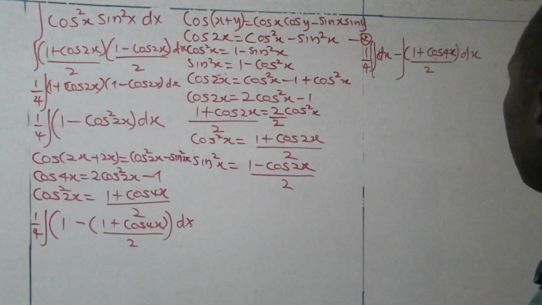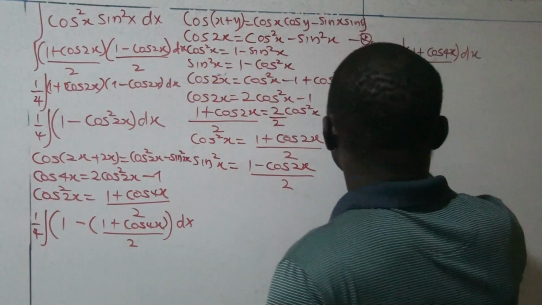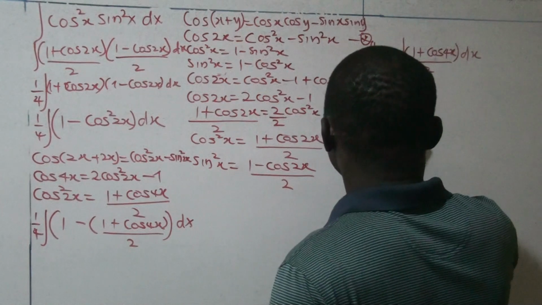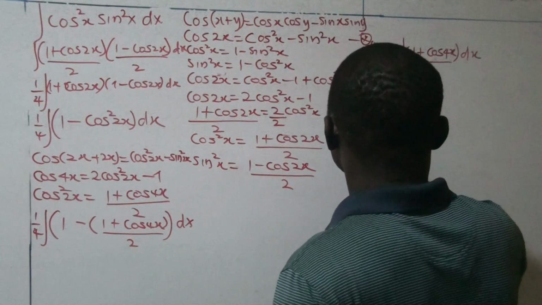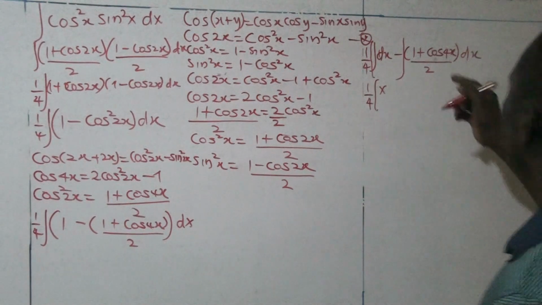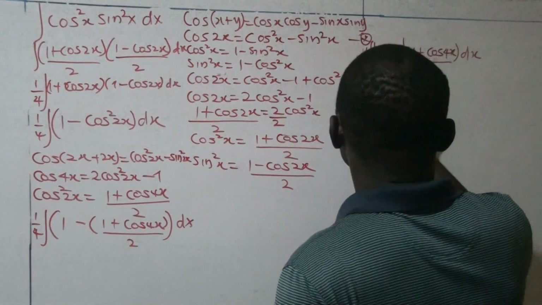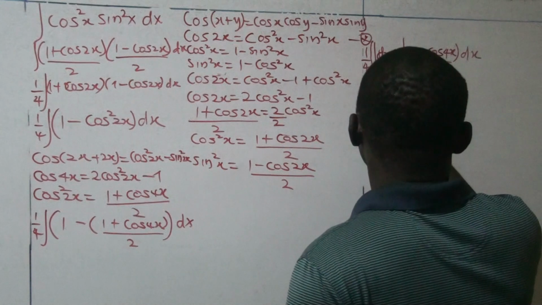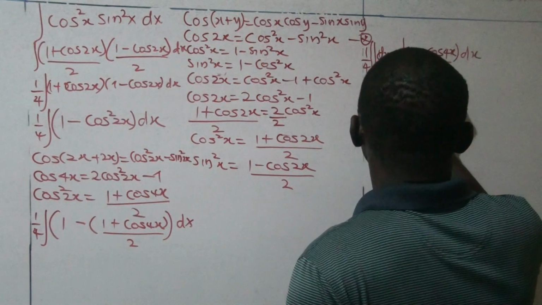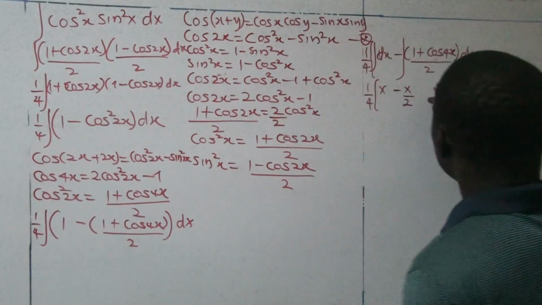So if we look at this integral here, dx, this will give us 1 over 4 into, when we integrate this one, it will give us x. Now we're going to integrate this. This one will give us minus x over 2.